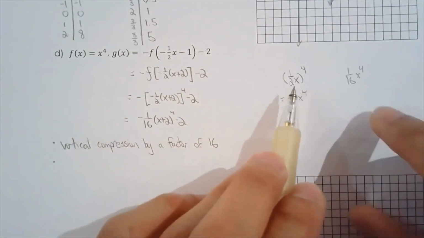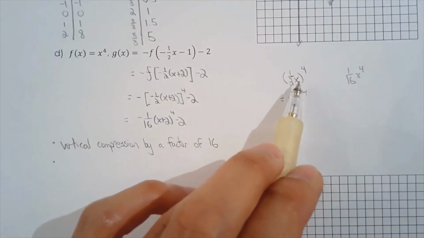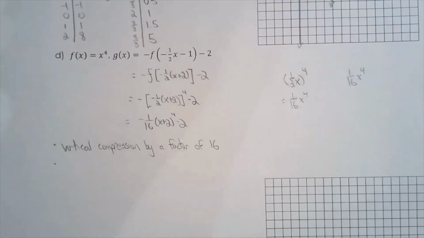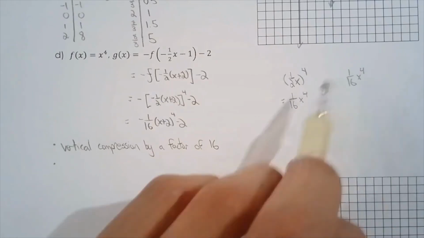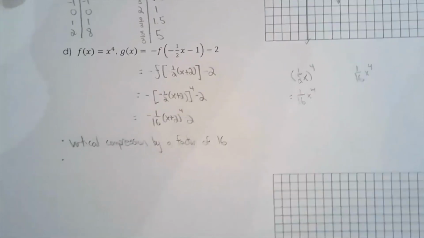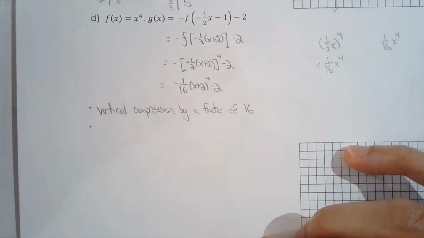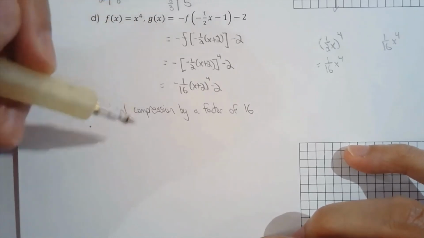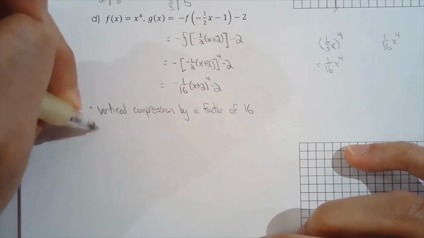So that's why you can create an equivalent horizontal stretch or compression factor to offset that vertical stretch or compression factor. Now, you got to be careful because the numbers change when it's a different base. So if it's a quintic, then the numbers change because it's a power of 5 as opposed to a power of 4. Anyways, all I'm trying to say is there are different combinations of transformations that will bring you from one function to another function. You could apply what seems to be different transformations, but your end goal will be the same. Okay, let's finish the deal here.